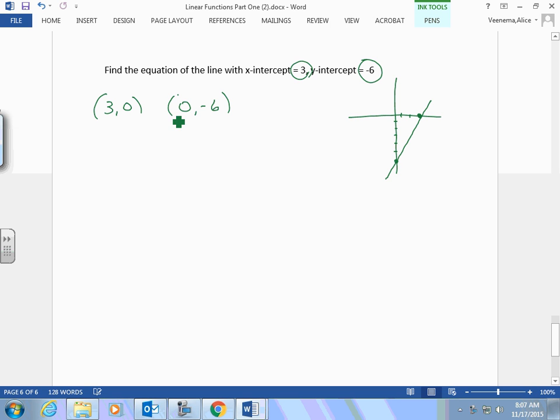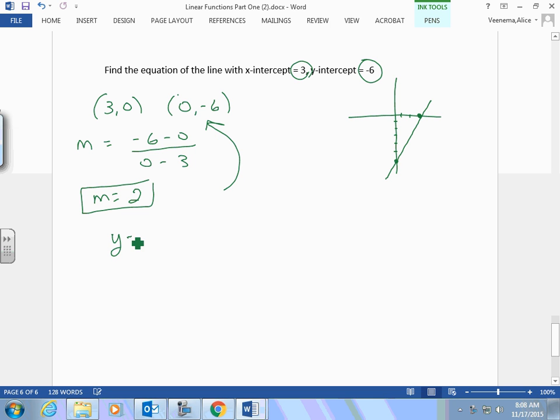So now we can find the slope using those 2 points. So negative 6 minus 0 over 0 minus 3, which will give us a slope of negative 6 over negative 3, which is 2. So now I'm going to pick one of the points and put it into our point slope form of the equation. And I'll just use that point, okay?